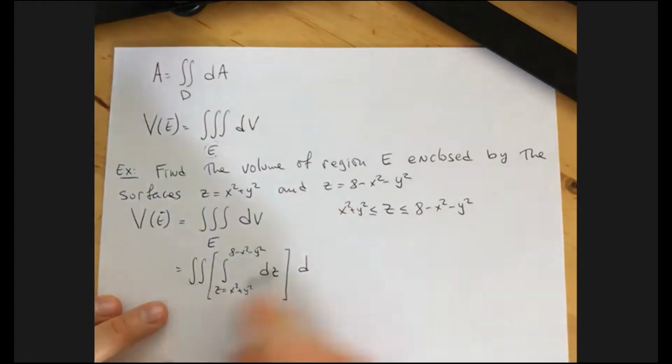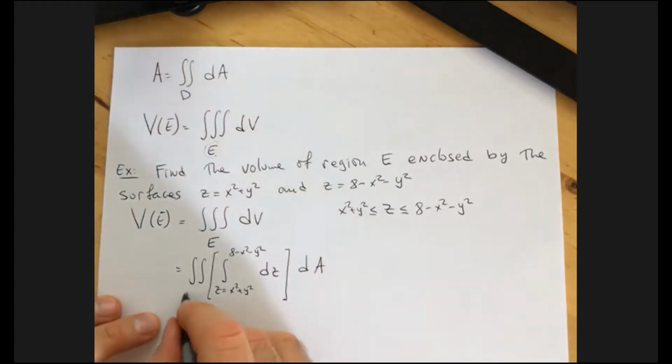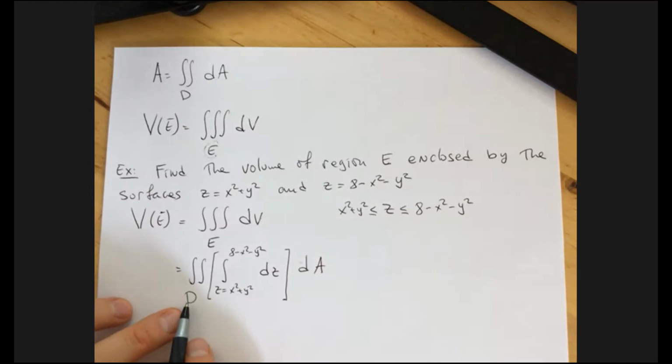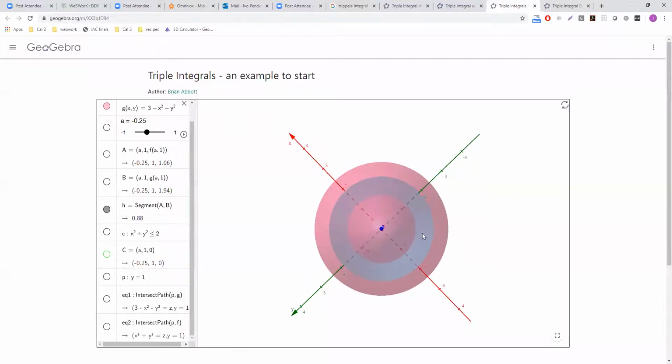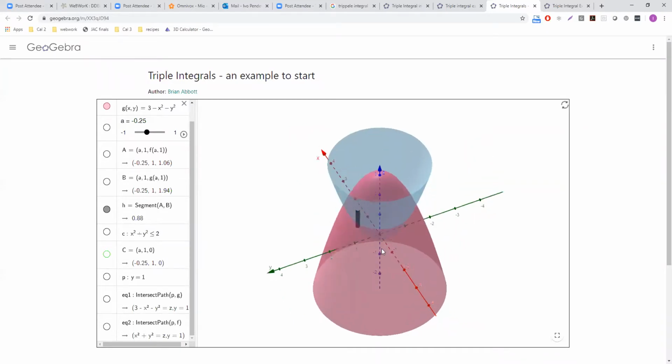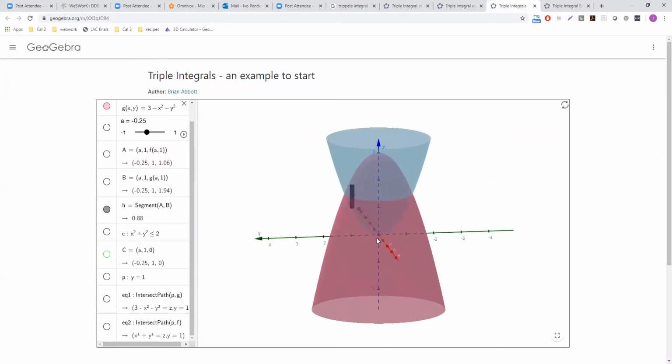And then I have a double integral over the region D. What is going to be the region D? In a way, it's going to be the shadow cast upon the xy plane, this circle right here. How are we going to find that?